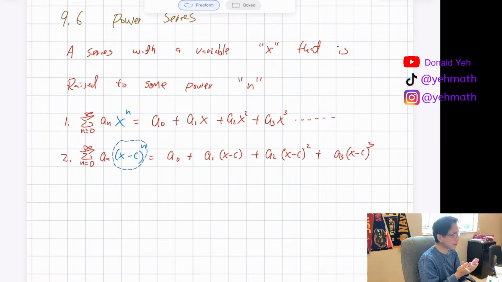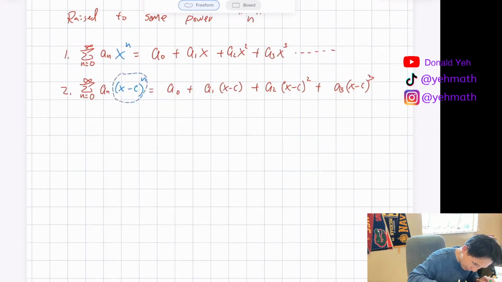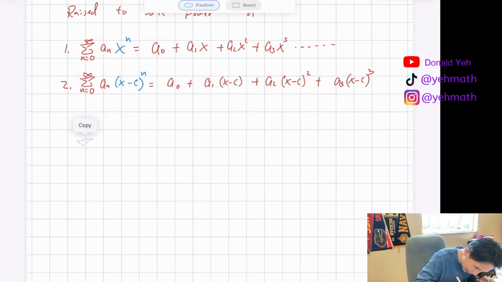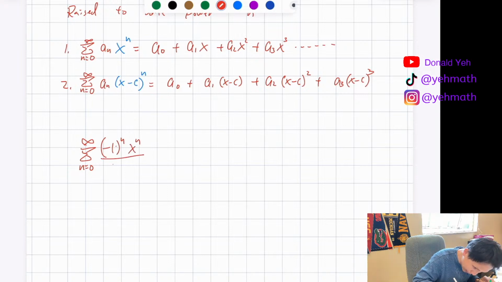Now, power series is the first time we introduce a variable into a series. And you're going to be like, well, what's the difference? Now you have x to some type of power. What's nice is I'm going to ask you to write down the first few terms of the power series, the sum from n equals 0 to infinity of (-1)^n x^n over n factorial.